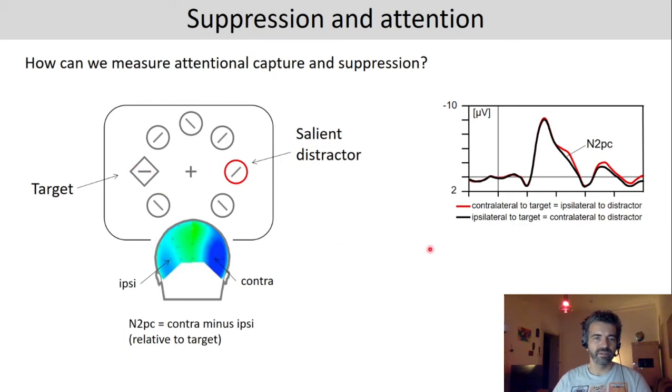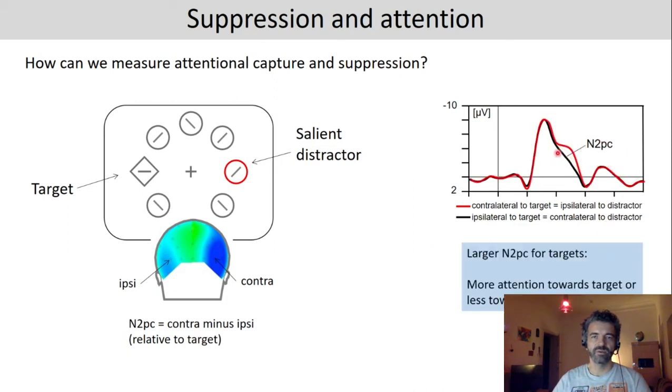And if we compare some condition with another condition and see that the N2pc is increasing, now the problem is that we cannot really say that this is necessarily more attention towards the target, because it could also be less attention towards the distractor. Because a negativity contralateral to the target is tantamount to a positivity contralateral to the salient distractor.